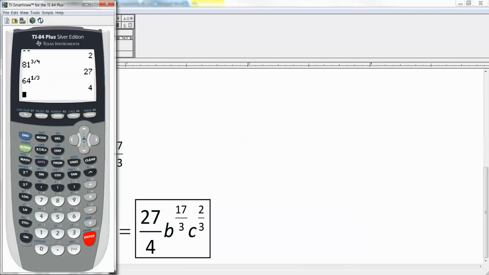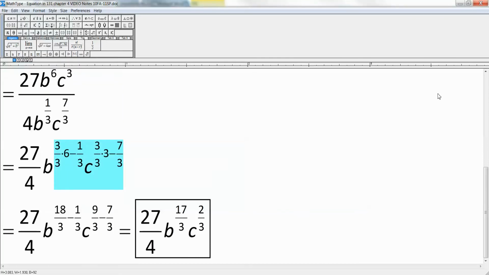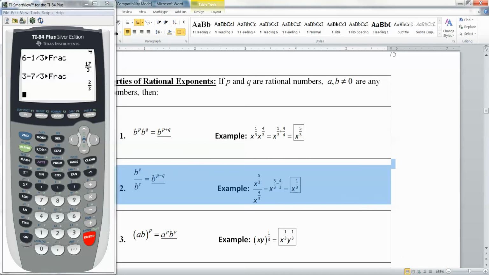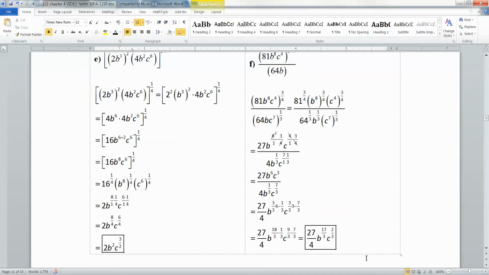You can just use the calculator to help you do 6 take away 1/3, math 1 enter, 17/3. Similarly, 3 take away 7/3, so I typed that in, math 1 enter, 2/3. Done. Calculator can help you. You don't have to do all that by hand. We're done with that problem. There it is. It's ugly, but that's what it is.